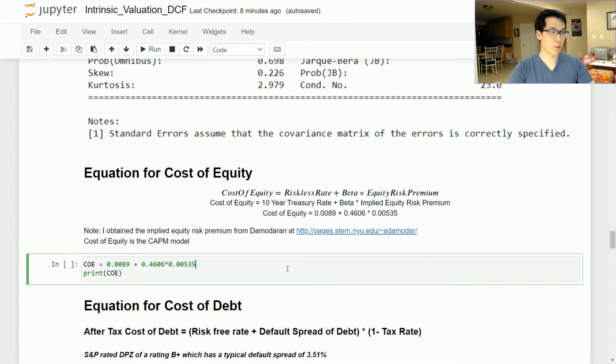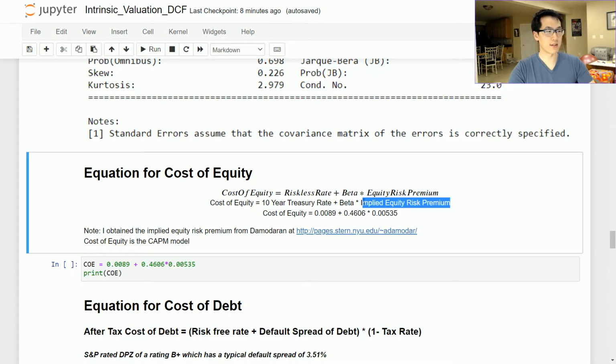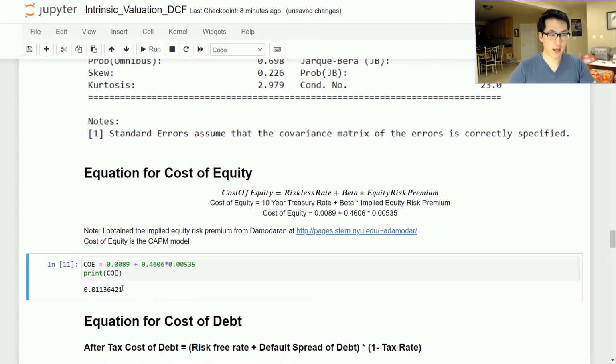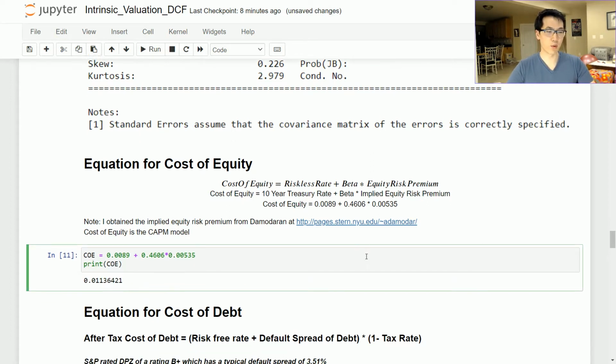You add your beta multiplied by your implied risk premium. I essentially got the implied risk premium from a really noteworthy professor at NYU, scraped that information, and extracted the implied risk premium for the United States. I put that in, and I got my cost of equity here, which is really, really low, like 1.1%.